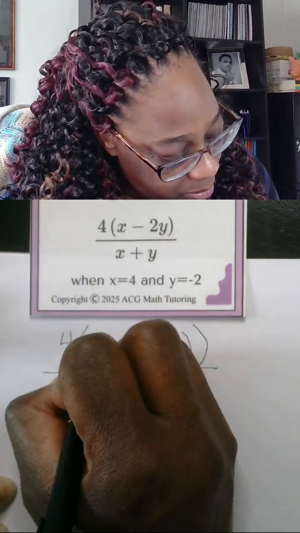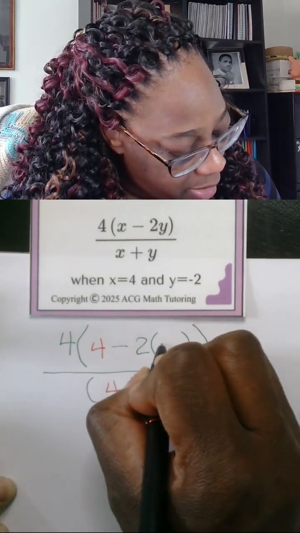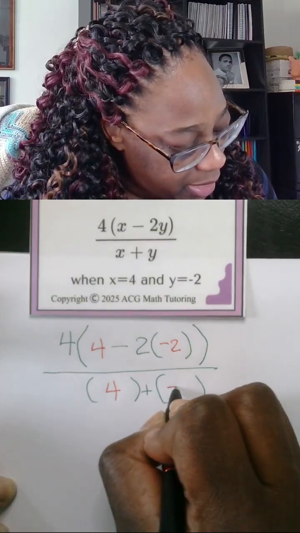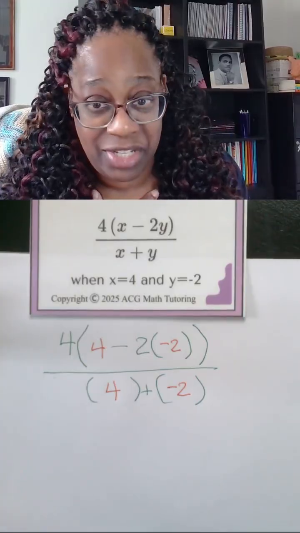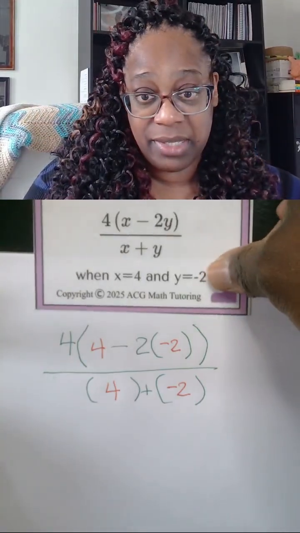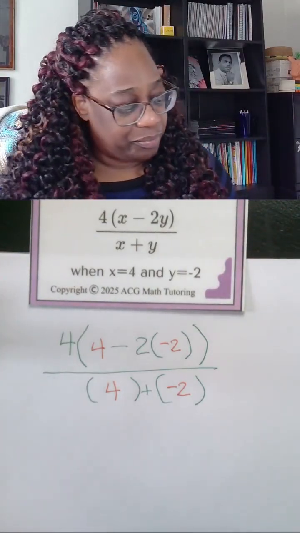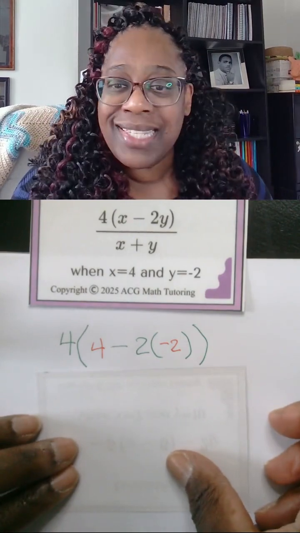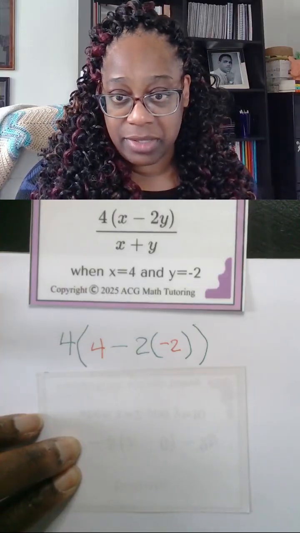So for my X, we got our 4, so there's a 4 here and a 4 there. For the Y's, we got a -2 here and a -2 there. Now, here's my suggestion. Do one section at a time. Okay? We know we have to use PEMDAS.